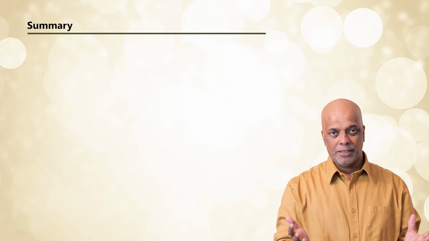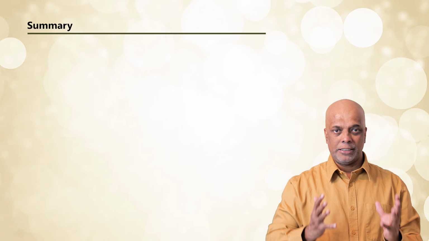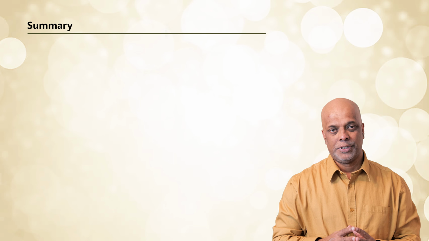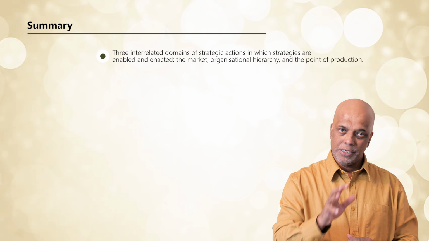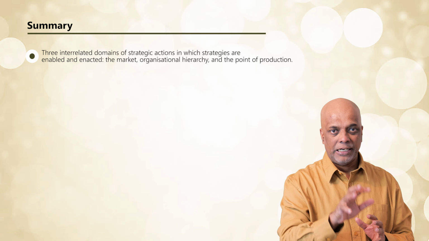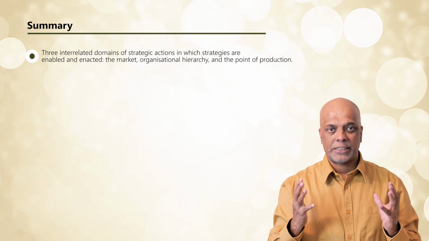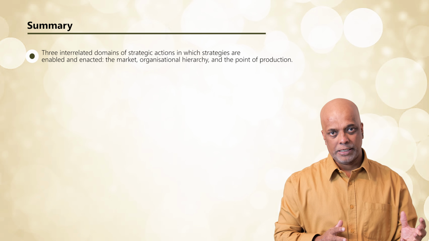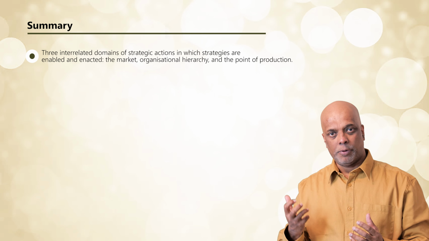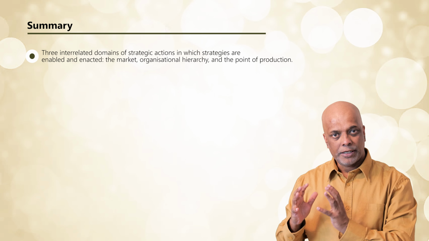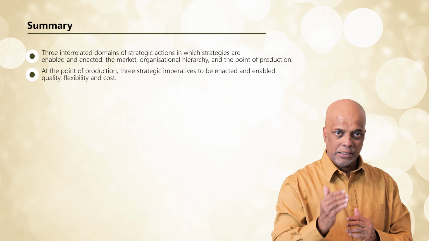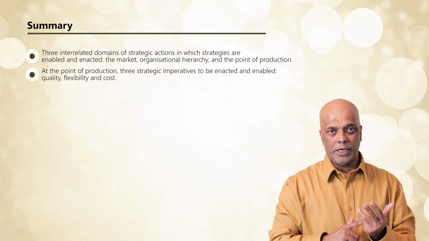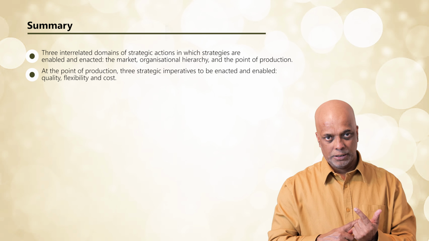As usual, I will summarize what we discussed in this lecture before ending. As we discussed in the previous lectures, there are three interrelated domains or sites of strategic action in which strategies can be enabled and enacted: the market, the organizational hierarchy, and the point of production. When it comes to the point of production, there are three key strategic imperatives that a company has to deal with: quality, flexibility, and cost.